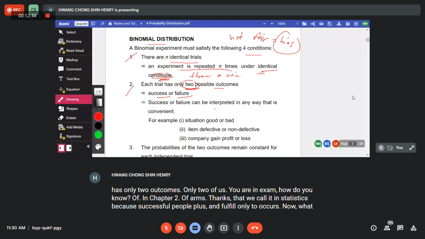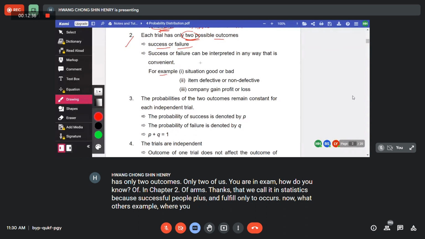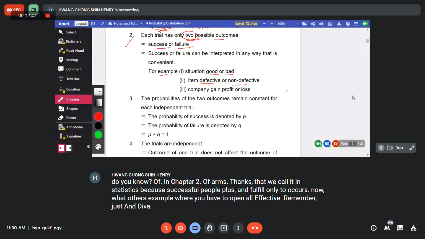Now, what other examples where you have two outcomes? Good or bad? Defective. Remember just now we talked about D and D bar, non-defective. So all these are either A or B, right? Good or bad. Boy or girl.